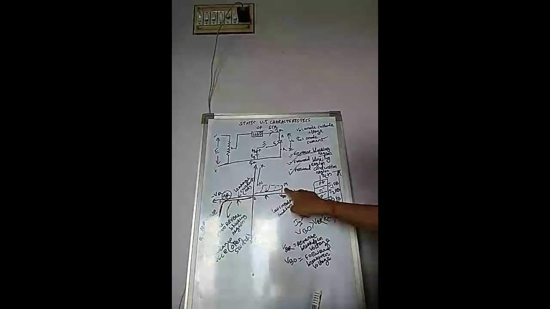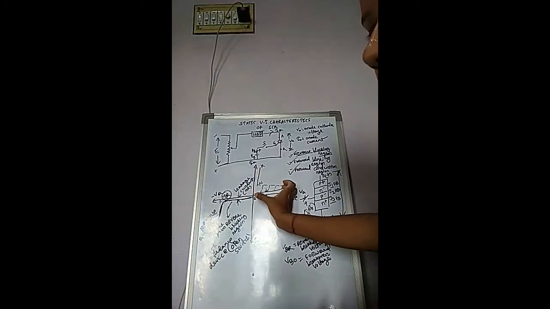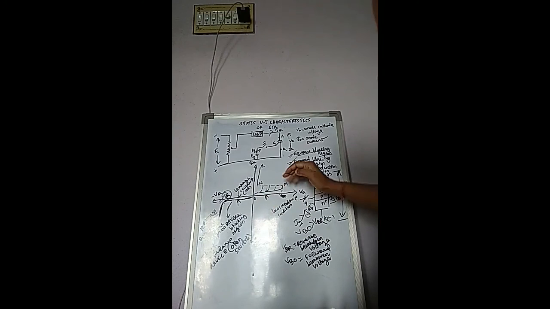From this point to this point is the forward blocking state, but after point M the device shifts to the on condition. After this, the device is in forward conduction mode. So this region is the forward conduction region. Understood?